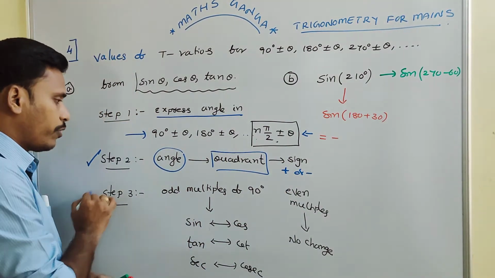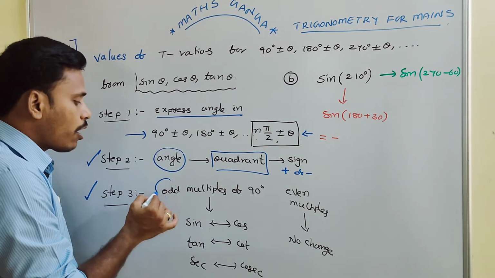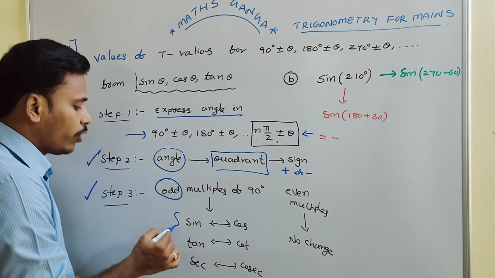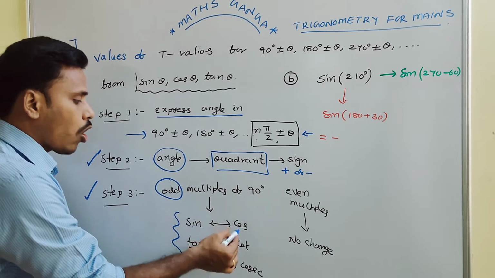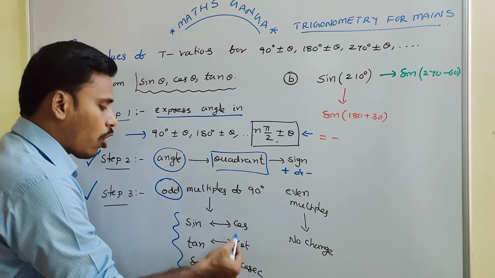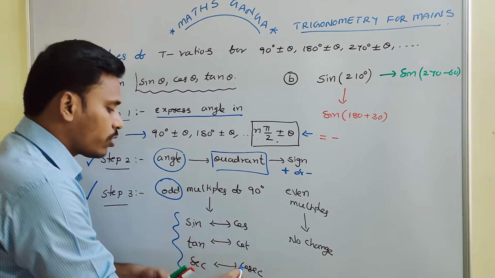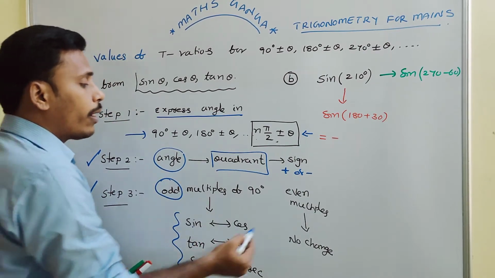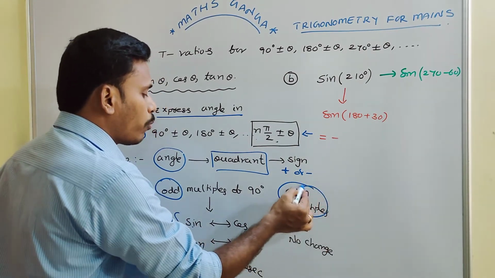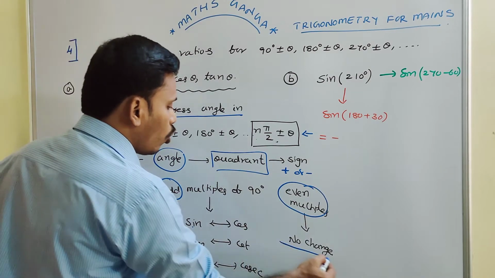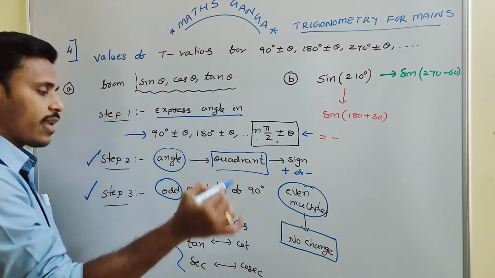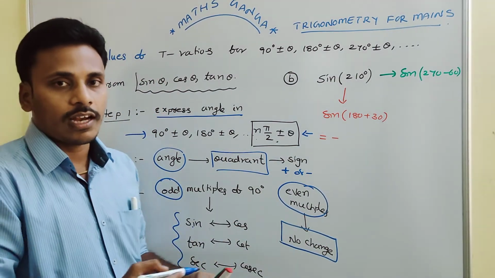And then step 3, if you have odd multiples of 90, then you need to change sine to cos, cos to sine, tan to cot, cot to tan, secant to cosecant and cosecant to secant. Whereas if it is an even multiple of 90 degrees, then there is no change. Sine will be just sine only, cos will be just cos only.